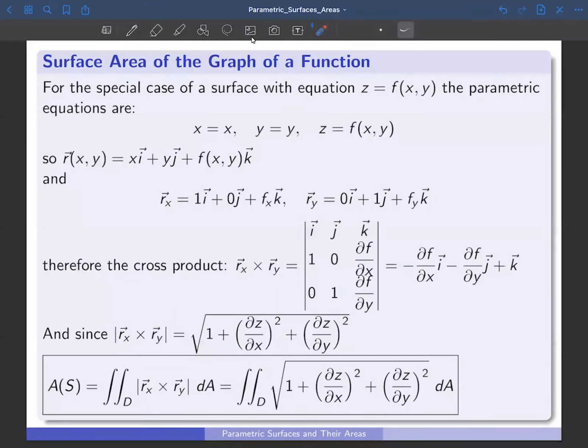And this is equal to the double integral over the region D of the square root of 1 plus partial z partial x squared plus partial z partial y squared times dA.